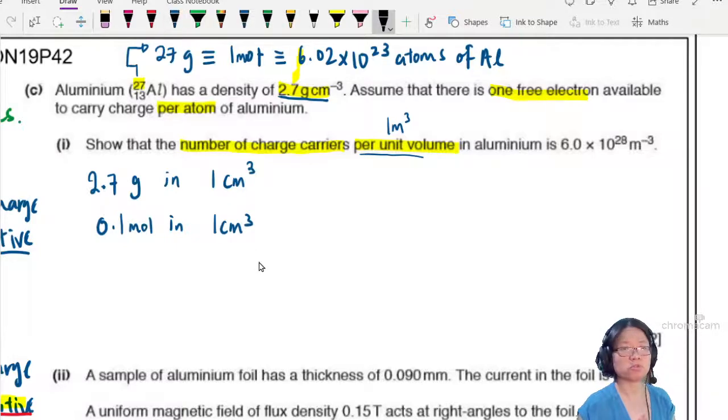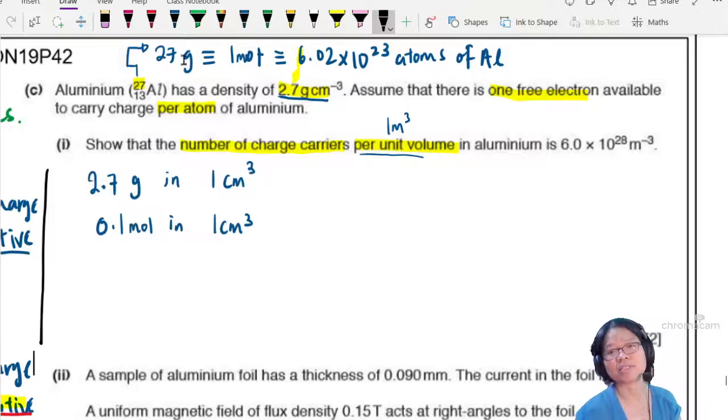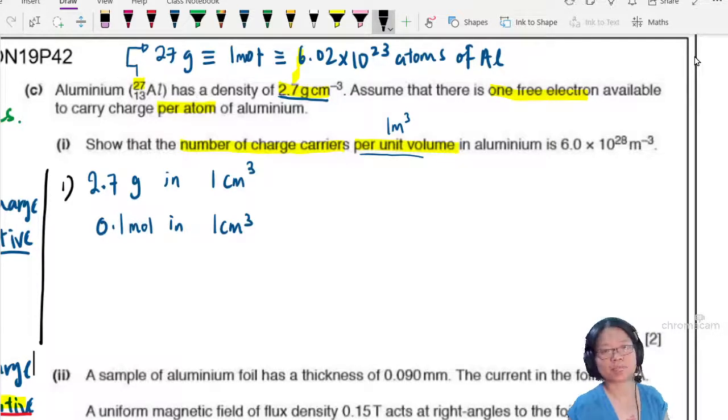So in your working, you don't have to explain to the examiner what the mole concept is, which I just did on top here, but you should first write this statement. Number 1, 2.7 gram in 1 cm cube, so 0.1 mole in 1 cm cube.